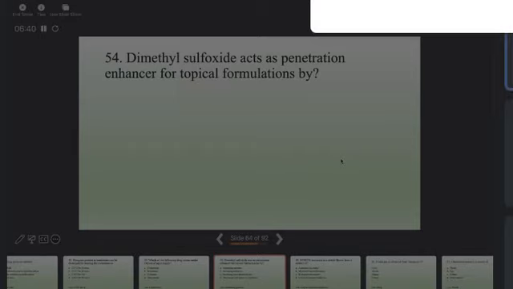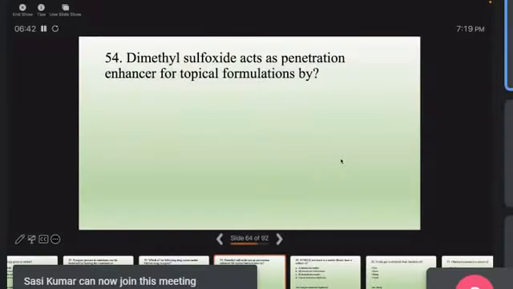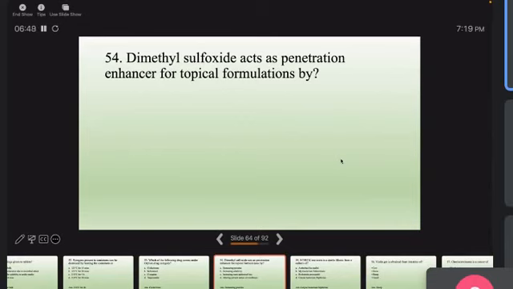Dimethyl sulfoxide acts as a penetration enhancer for topical formulations by. Before going to the options, are we aware what dimethyl sulfoxide is? Where do we see it? Anybody seen it on any labels?